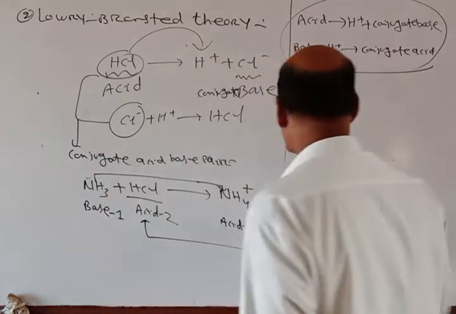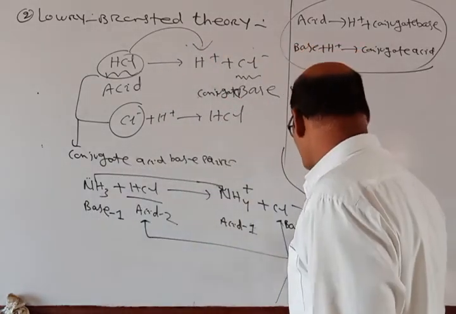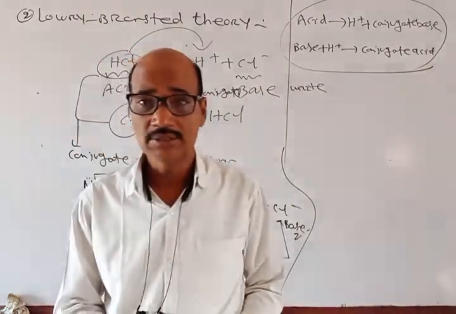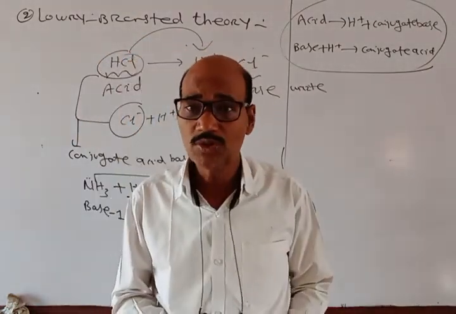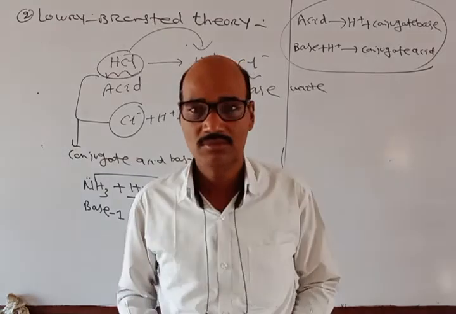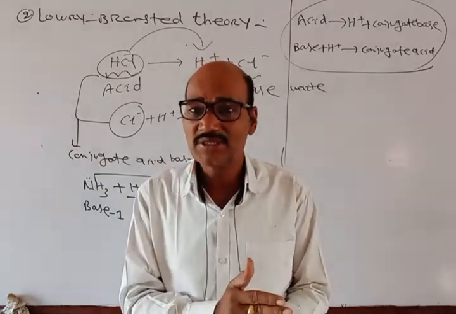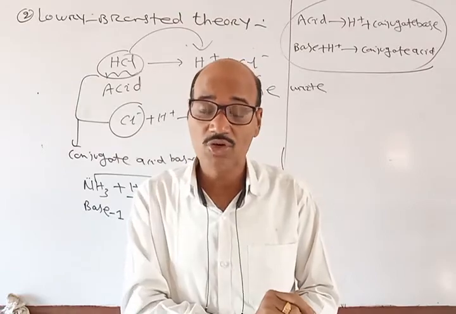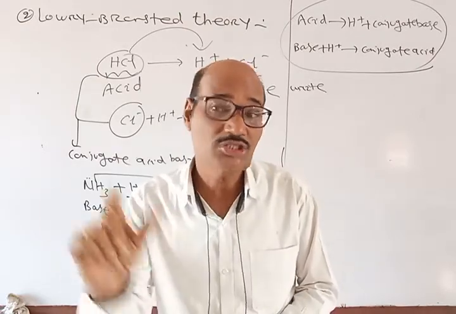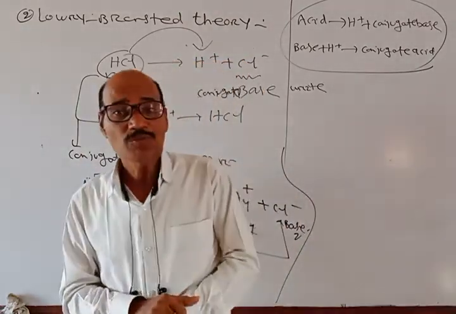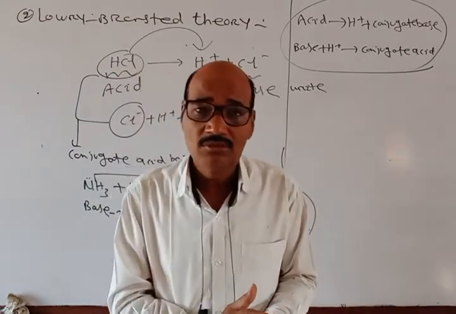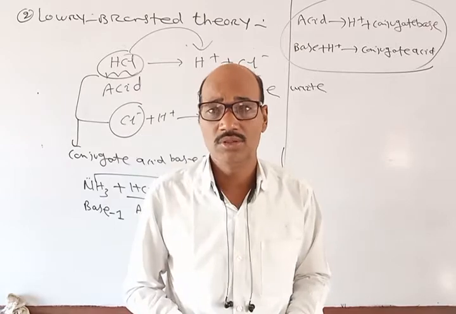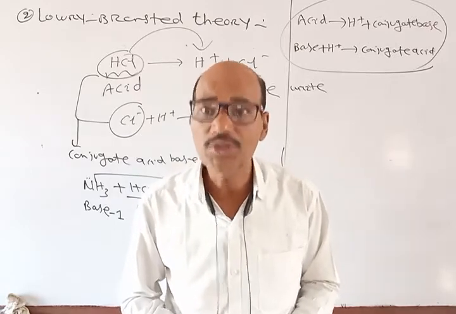Now let us see. Sometimes we have substances which can accept a proton and also donate a proton, and these kinds of substances are called amphoteric substances. So a substance which can donate a proton and also accept a proton is called an amphoteric substance.